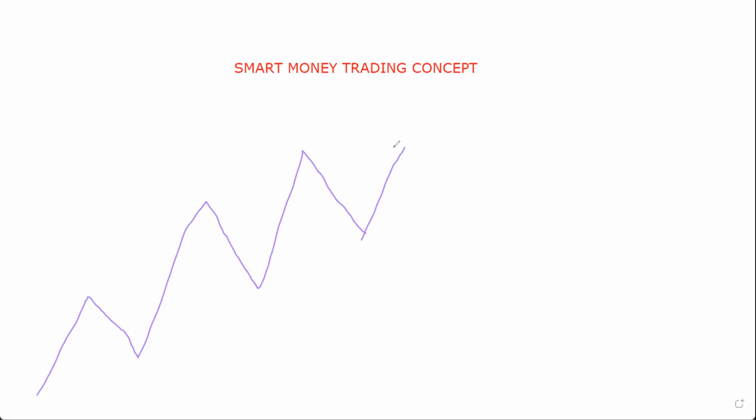For example, I might not necessarily want to buy here, right? I might be interested in buying this market, but I'll probably want to buy at a reasonable price, right? So basically, once we've identified the trend, the next point will be what areas, which zones, which regions am I looking for opportunities to participate in this buy?